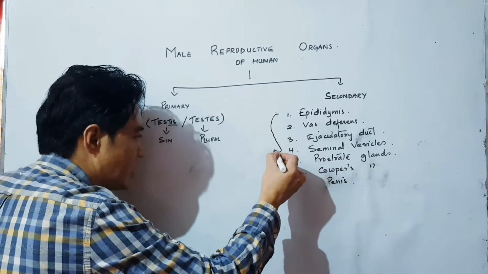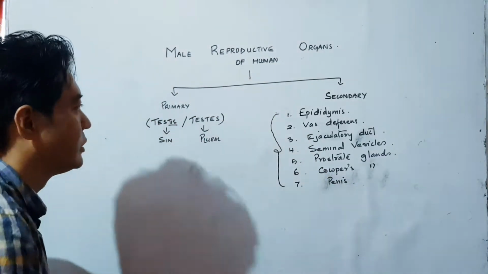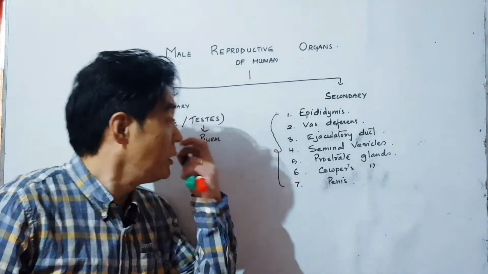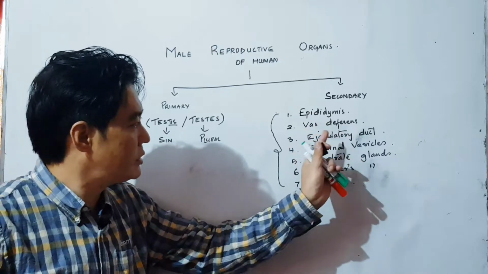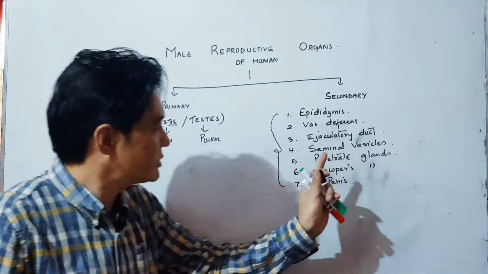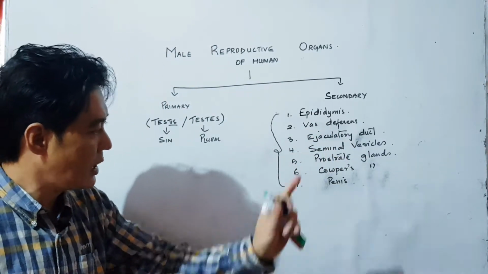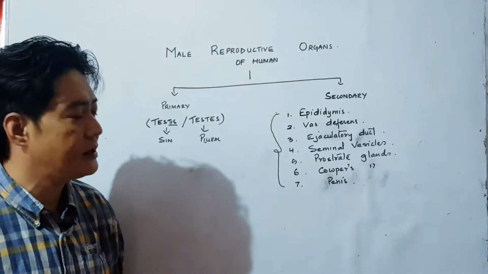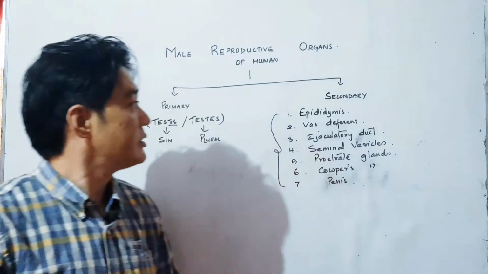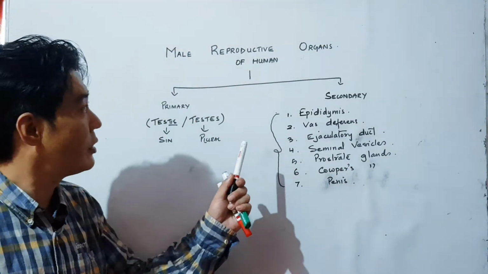All these accessory organs, epididymis, vas deferens, ejaculatory duct, seminal vesicles, prostate gland, corpus gland, and penis, all the seven are regarded as secondary, or you can say accessory reproductive organs of male.